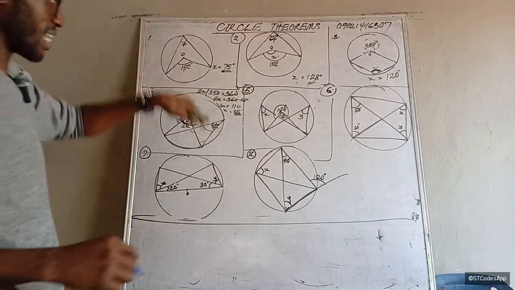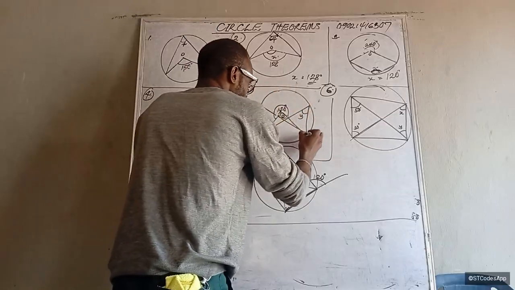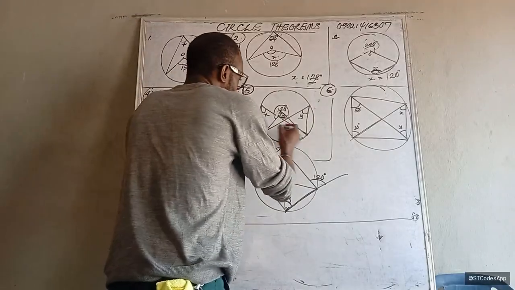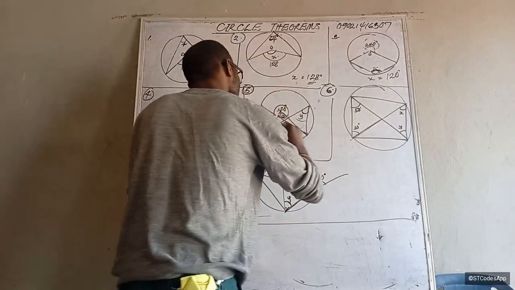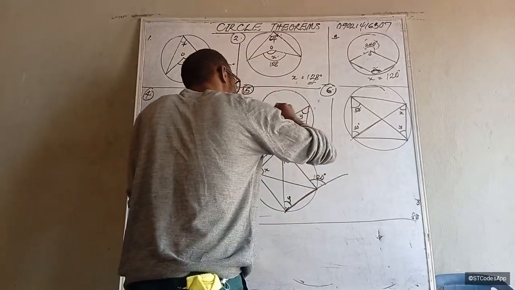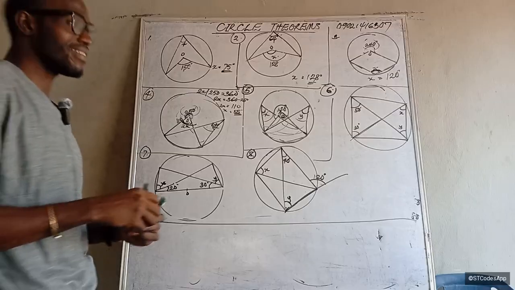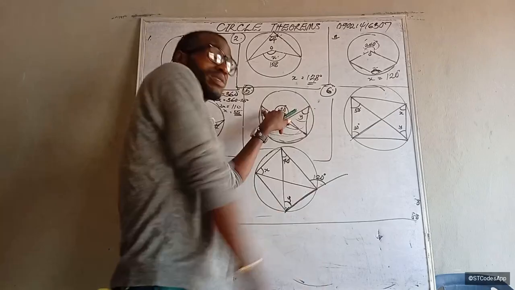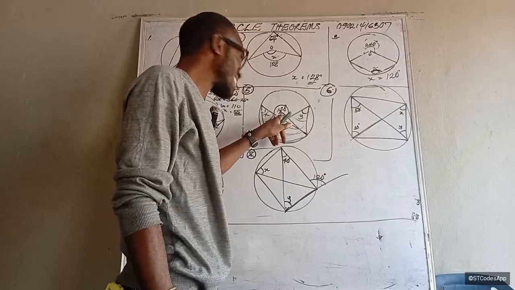So if that angle inside is 140, remember that it is this arc that made this angle here. It's the same arc that made this angle. It's the same arc that made this angle. Look at the way I'm tracing it. Do you understand now? So, these angles are subtended at the circumference, and this one is subtended at the center.